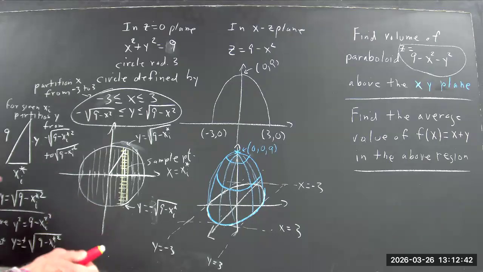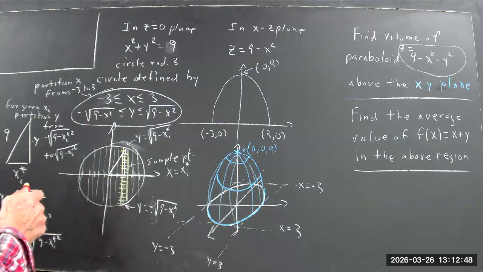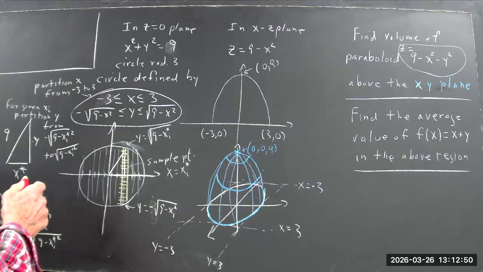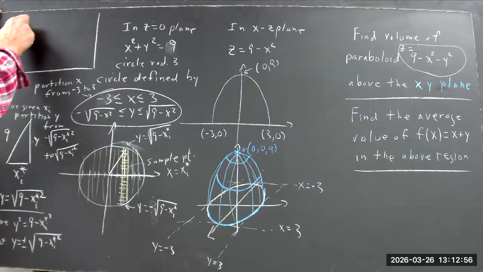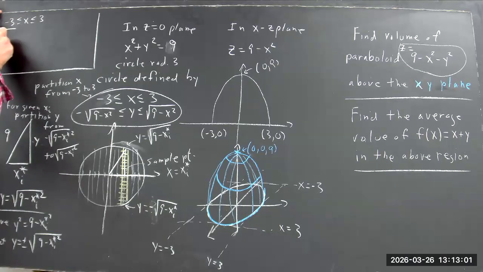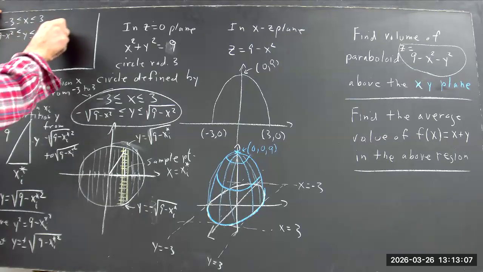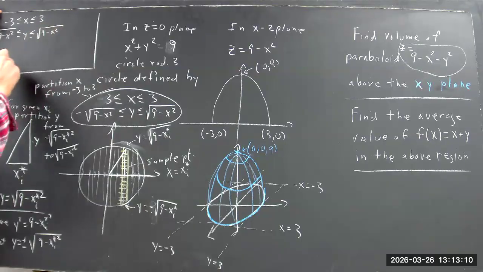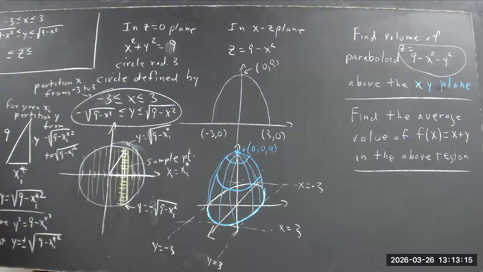Now, your typical increment and all that, go back and see what I've said. What we have then is -3 less or equal to x less or equal to 3, negative square root of 9 minus x squared less or equal to y less or equal to square root of 9 minus x squared. And what happens to z? Where does z go if we try to partition this?